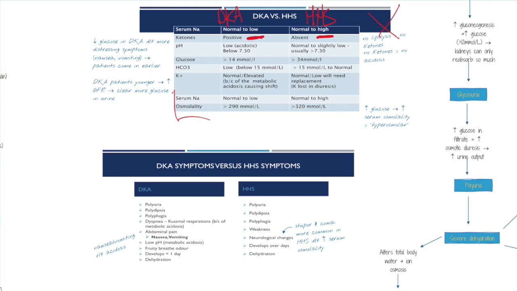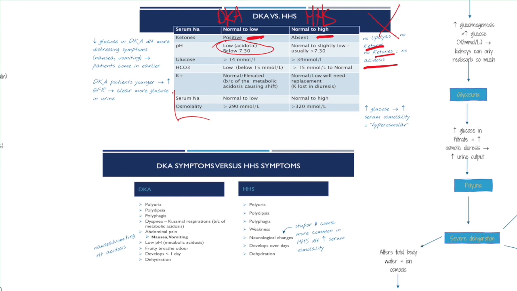Insulin works against that lipolysis. And because there isn't an absolute deficiency, you don't have the breakdown of lipolysis, which means you don't have ketones. No ketones means no acidosis. So you do not necessarily have an acidosis in HHS. You shouldn't. You are going to have that acidosis here in the DKA.